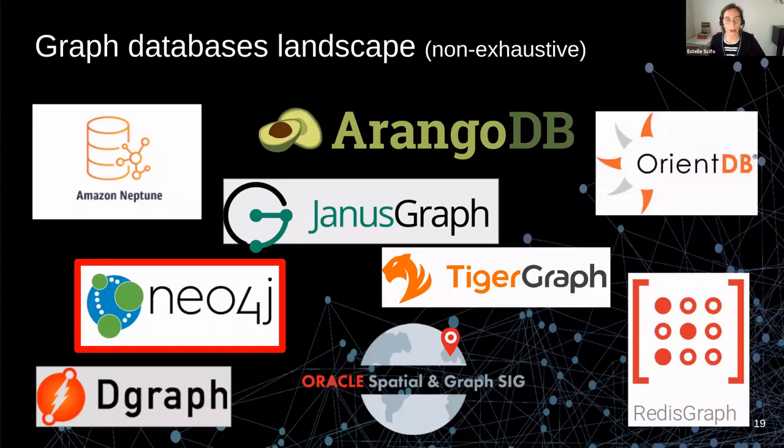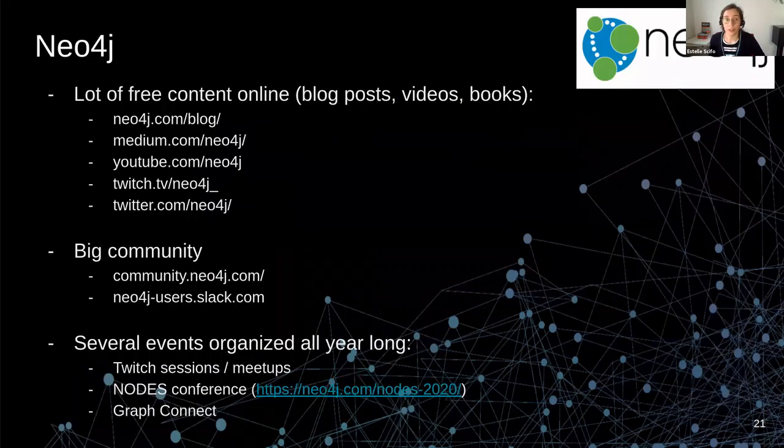Among all these databases, I've chosen to use Neo4j, and I will show you examples using Neo4j in this talk. The reasons are many. First, they have a lot of free content online, from blog posts to videos to books, and it's really easy to get started with graphs thanks to this content.